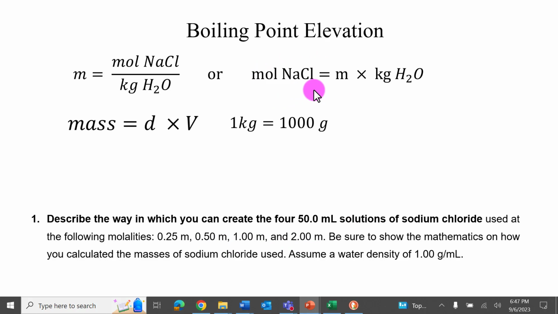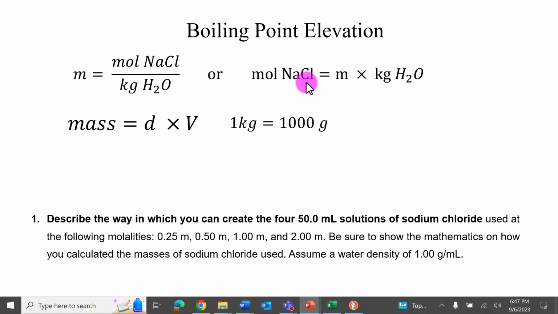You can calculate the moles of sodium chloride. But we want to figure out the mass of sodium chloride, not just the moles. Once we have the moles, remember that we can figure out the mass by multiplying the moles of a substance by its molar mass. So you will have to figure out the molar mass of sodium chloride and multiply that by the moles to get the grams of sodium chloride.